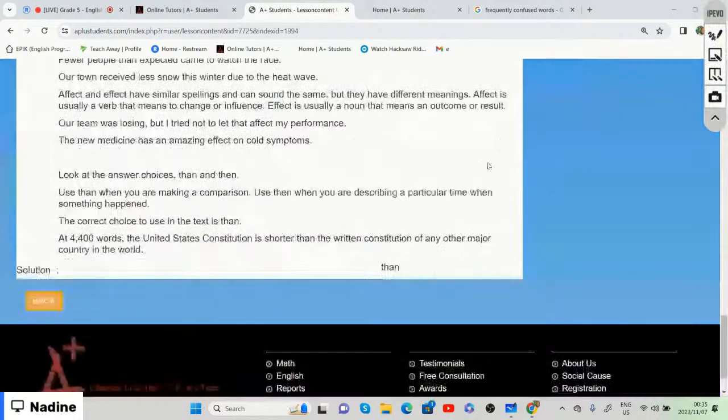And if we look at the meaning of the words than and then, we use than, which is THAN, when you are making a comparison. It's like a choice that we are making. And then we use then when you are describing a particular time when something happened.